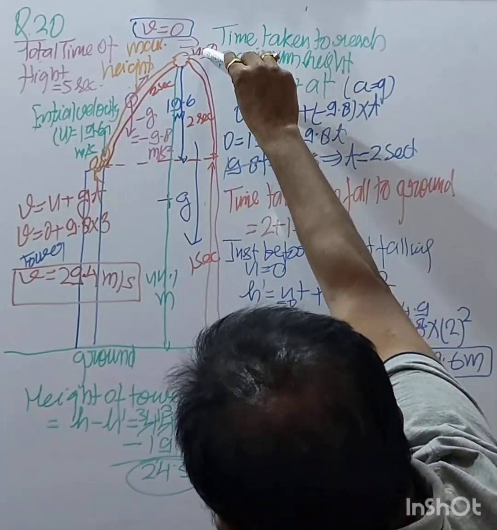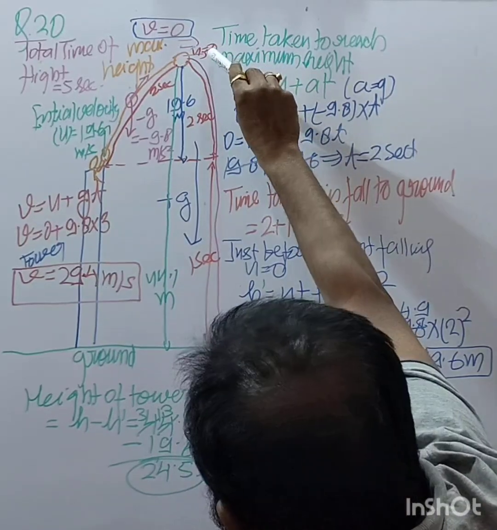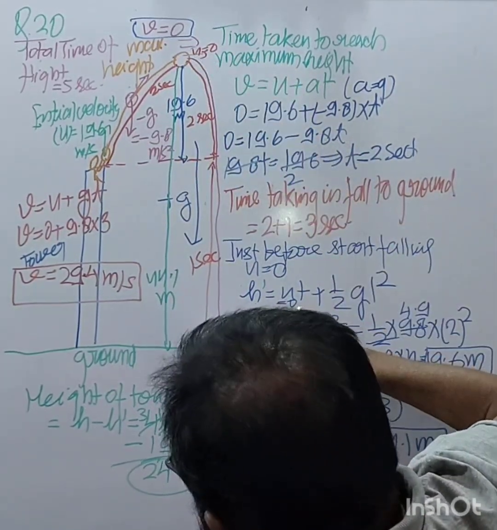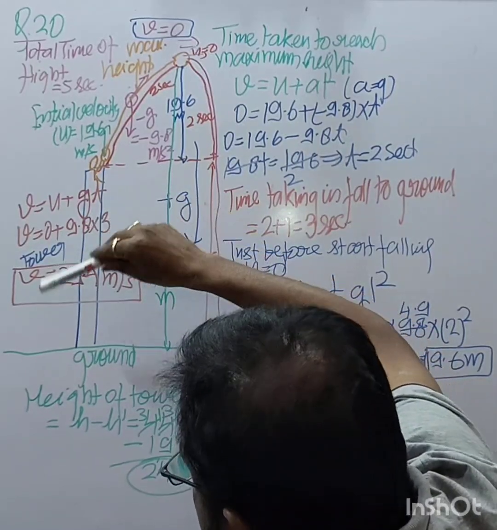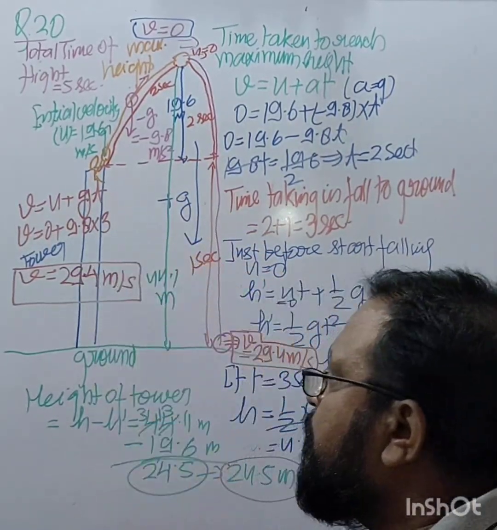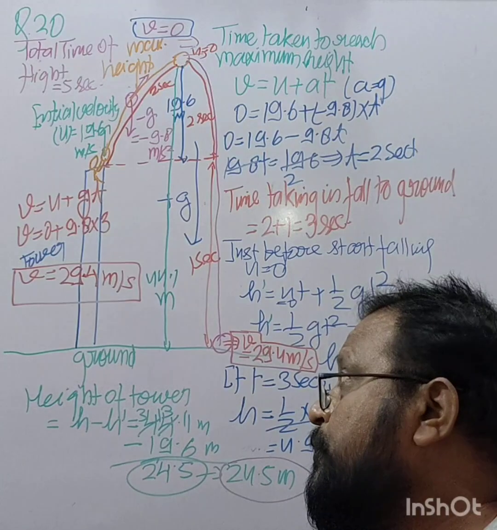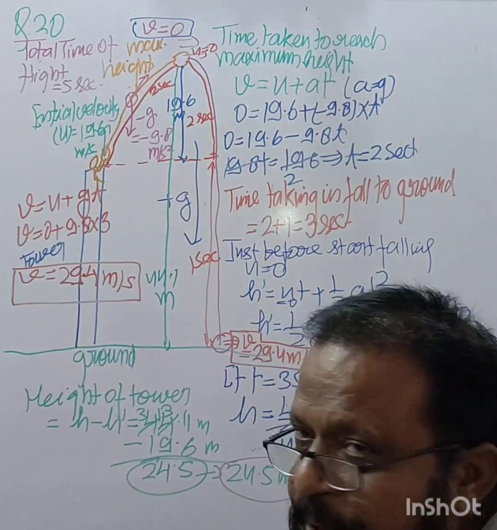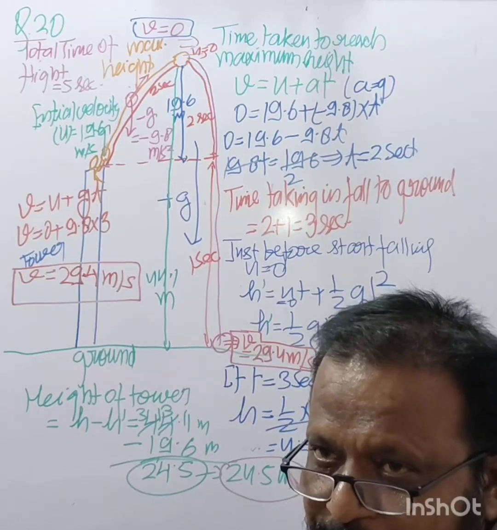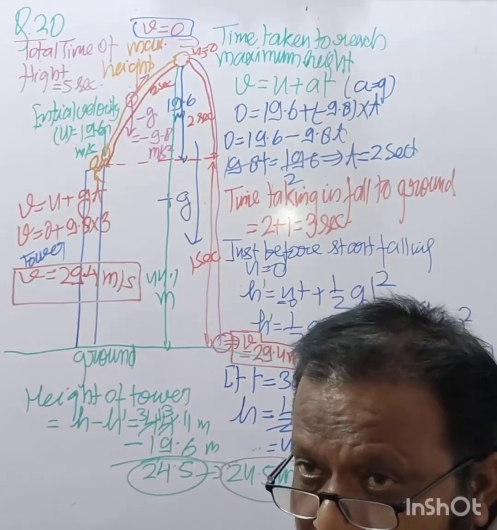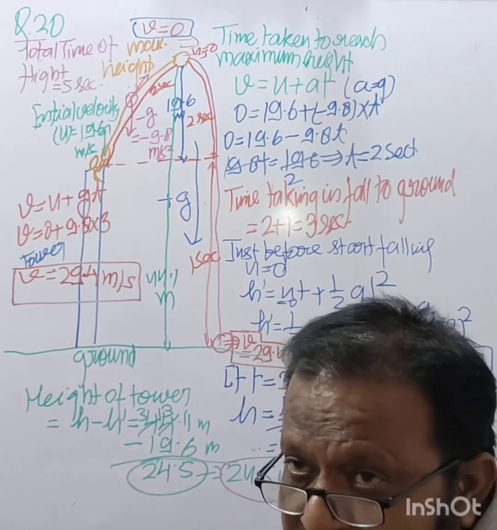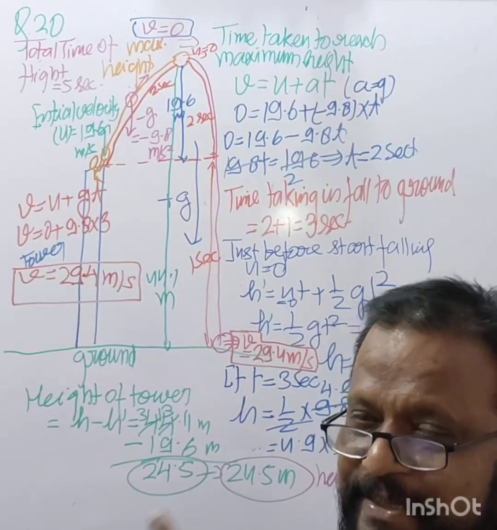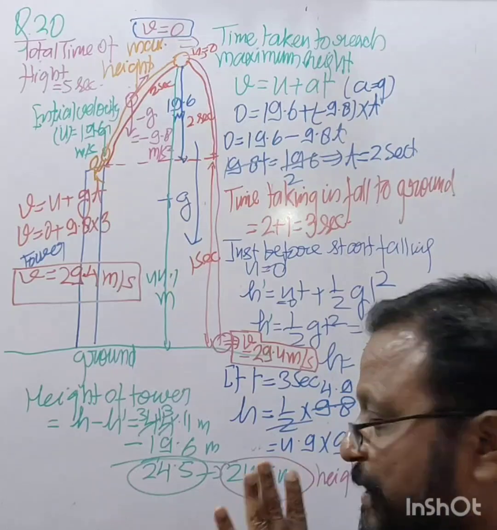Starting from here, u is 0, g is 9.8, and it takes 3 seconds. When we multiply, we get 29.4 meter per second, the speed the ball has just before hitting the ground.